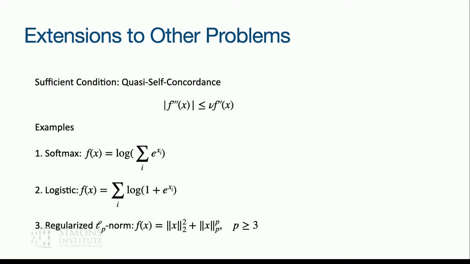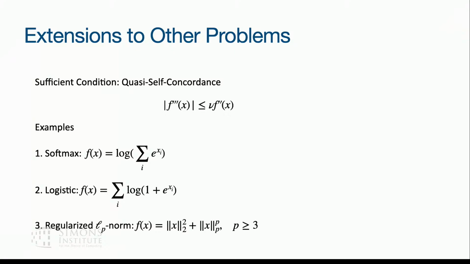But for our purposes, you only need to bound the third derivative by the second derivative. And this does capture some important functions that are studied, like softmax. It captures logistic regression, and it also captures regularized LP regression. So this is the kind of function we were looking at for our fast solver.